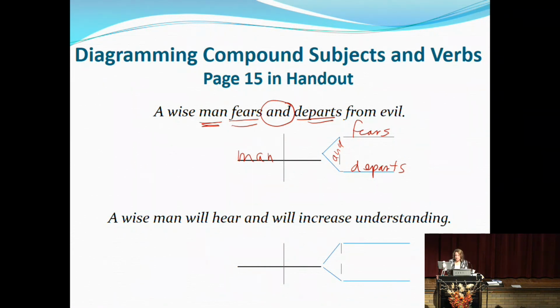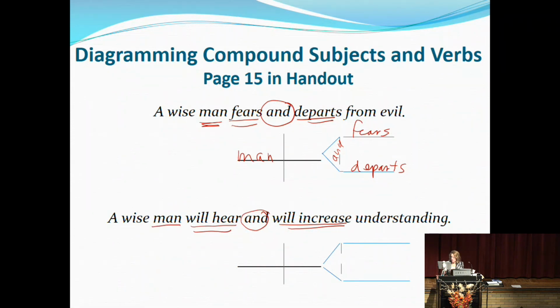A wise man will hear and will increase understanding. Find your verb, please. Oh, we have a verb phrase, don't we? And what's the other one? Will increase, another verb phrase. Who will hear and who will increase? Man, that's my subject.